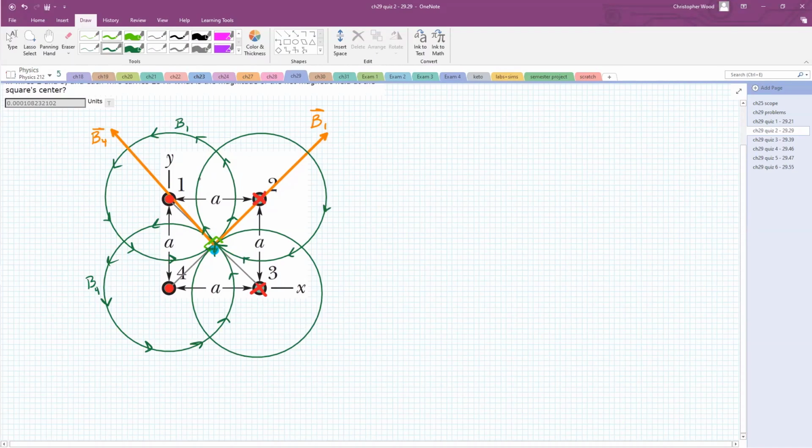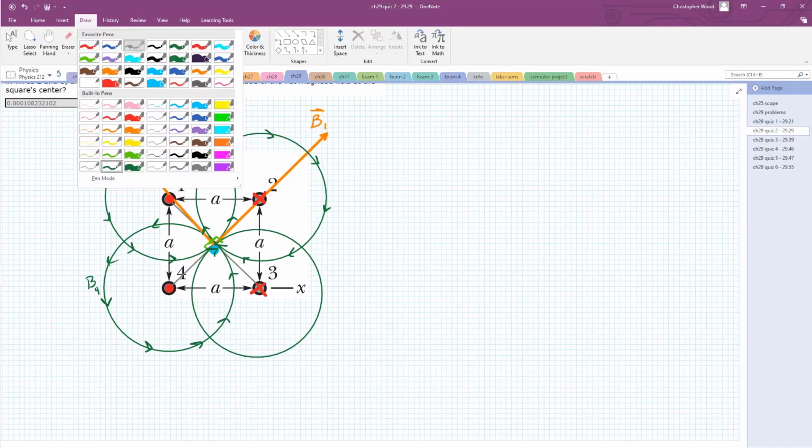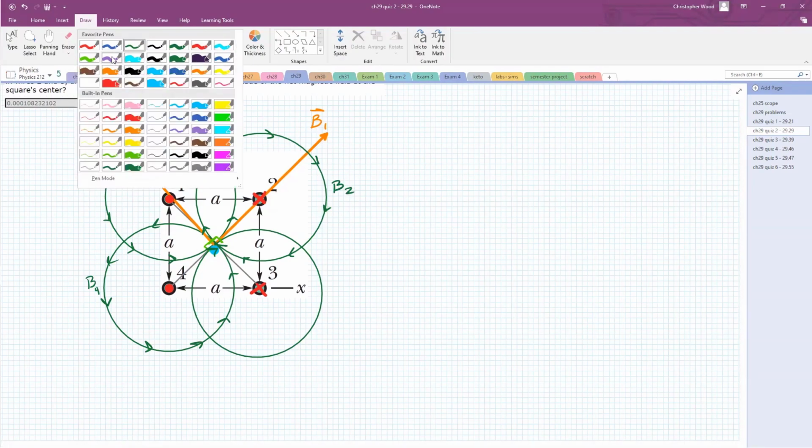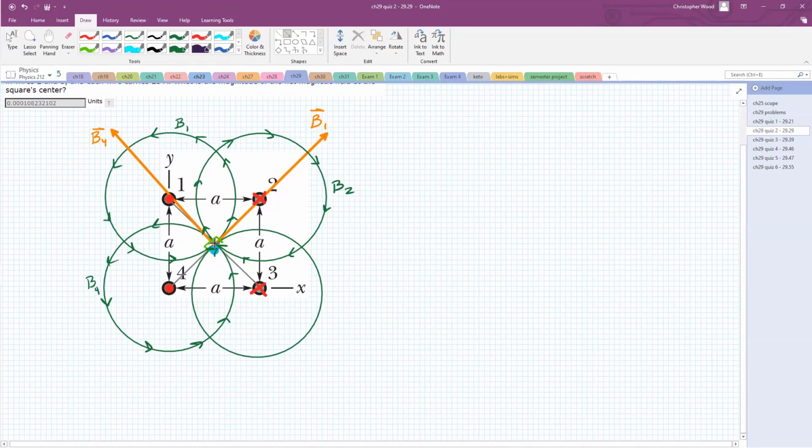This seems kind of confusing, but first of all, I need to make sure I'm drawing my field direction correctly for the magnetic field created by wire 2, the current flowing into the page through wire 2 at point P. I think that's right, which means this is my B2 field. What's my B2 vector look like? I better go to different colors. This will be my B2 vector, like that.